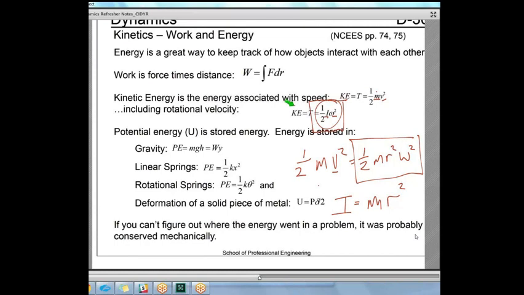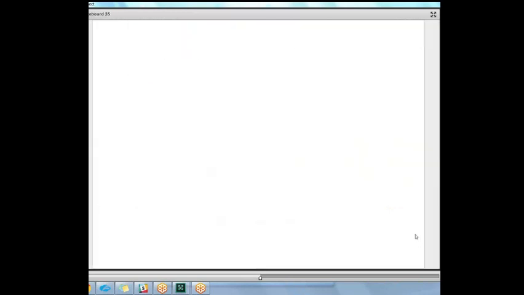So that's cool. If it's a point mass, then every bit of that mass has a single value of radius. Let's switch to a whiteboard here where we have a little room to work. And we'll say you're standing here, and at the end of a long string, you've got a mass.